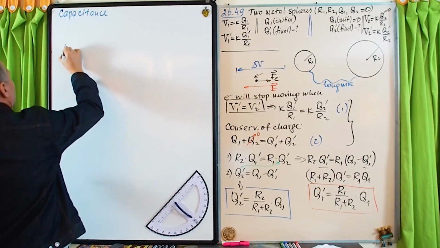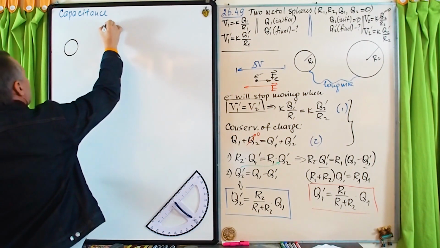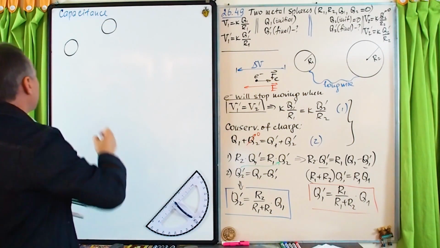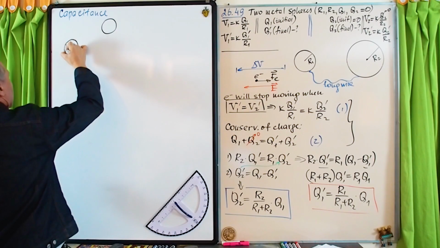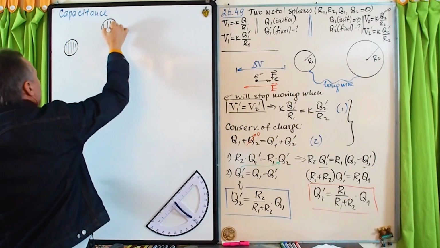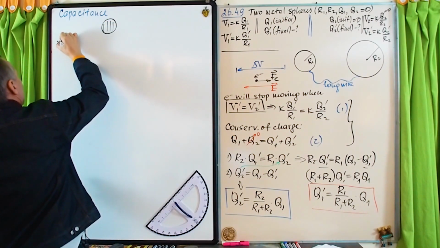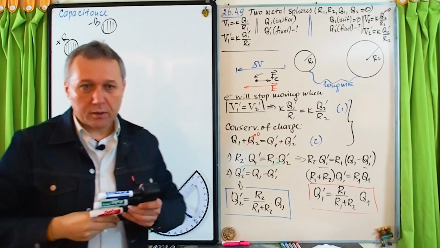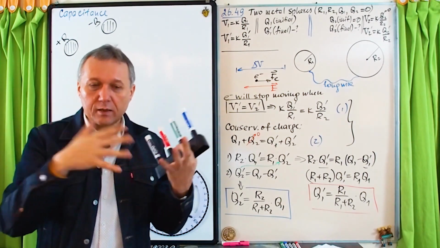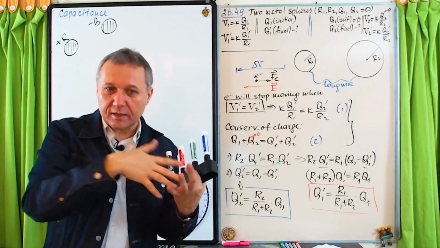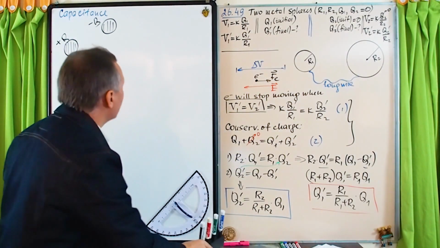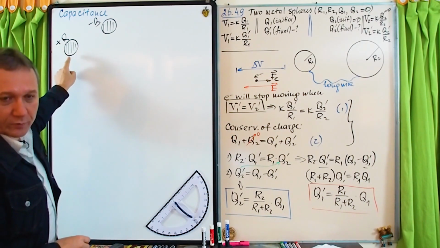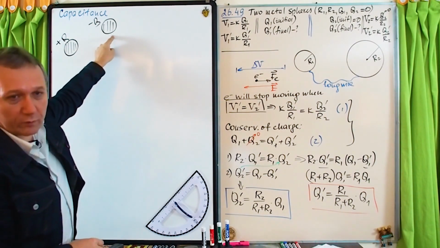So let's assume that we have two identical electrodes, basically two pieces of metal. Let's say this electrode is charged with plus Q, and this one is charged with minus Q. Every time, the two electrodes have the same amount of charge, but one is negative and one is positive. Because how do we usually charge them? We take, for example, 100 electrons from this electrode and move them over here.